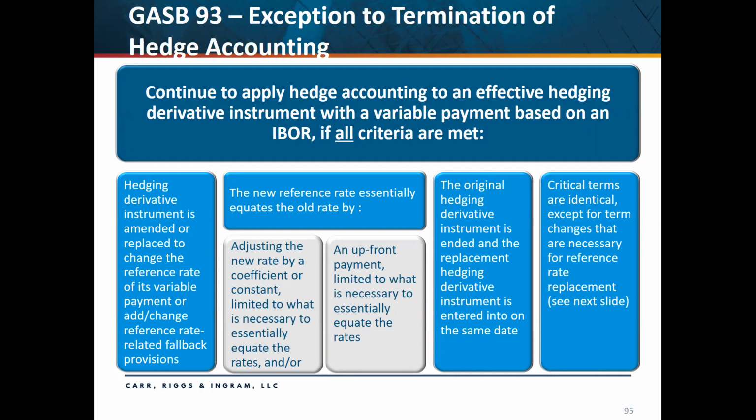Or if the original hedging derivative instrument is ended and the replacement hedging derivative instrument is entered into on the same date, and if critical terms are identical except for the term changes that are necessary for the reference rate replacement. We'll go into that on the next slide. But remember, all of these criteria have to be met in order to continue to apply hedge accounting.